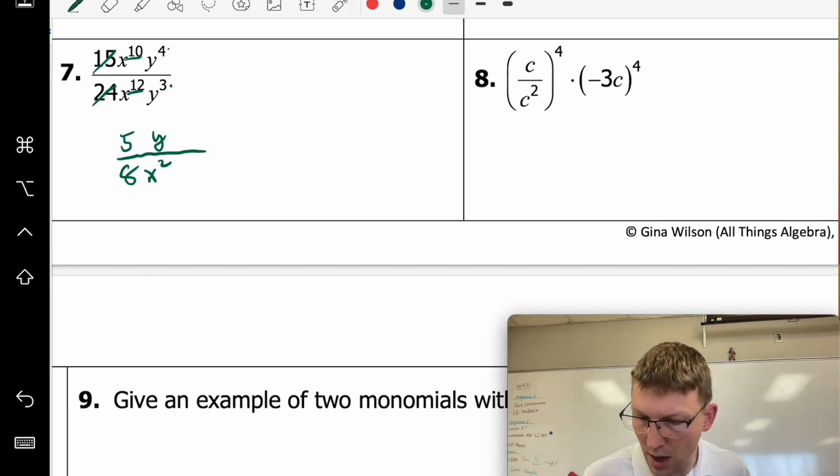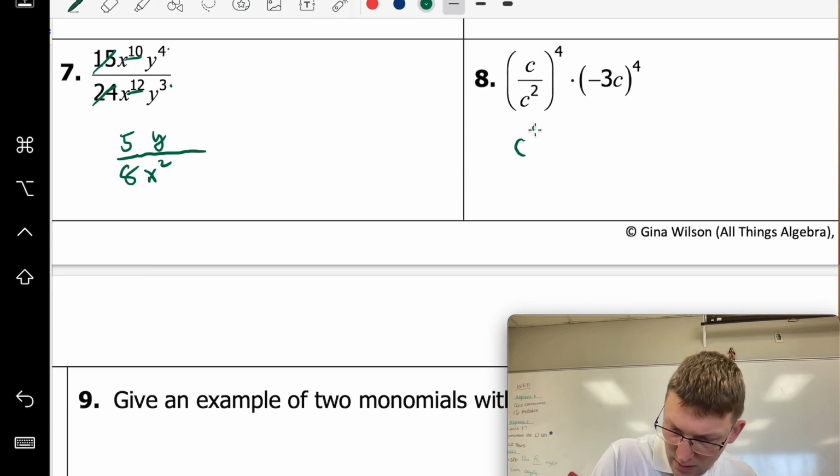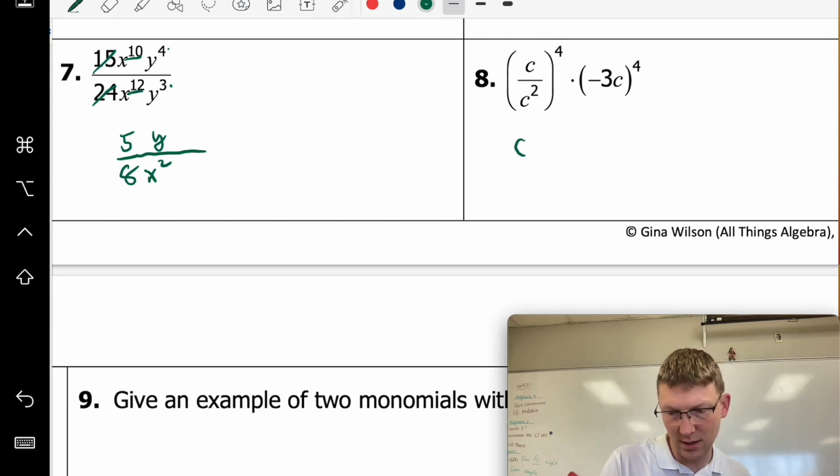Then number 8, we can kind of do the same thing. So that's going to be 4 multiplied into there, 4 multiplied into there. Actually, no, back up. It's much easier to do this inside of the parentheses first. What we were doing is not wrong, this is just easier.